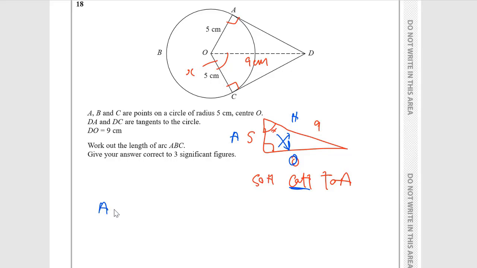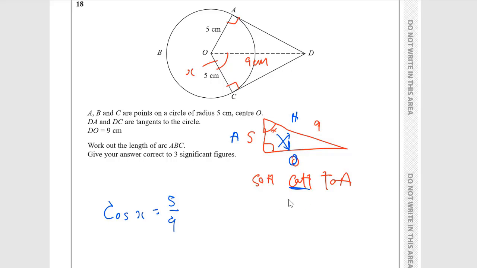So angle AOC. Sorry, jumped a step. So cos x equals 5/9.